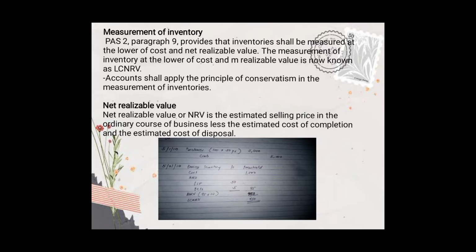Now, to elaborate on the lower of cost and net realizable value or LCNRV, let me give an example so we have a theoretical transaction. Let's say, in May 2019, you have a business selling FS. On May 1, you bought FS at 100 pesos.